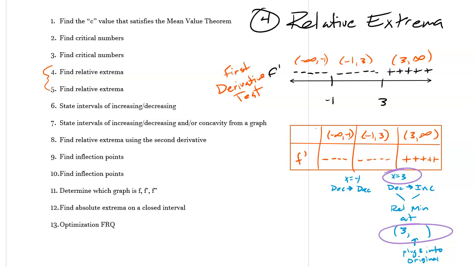Oh, sorry, say it again. So do you mean like an asymptote? You don't even need to then, correct.